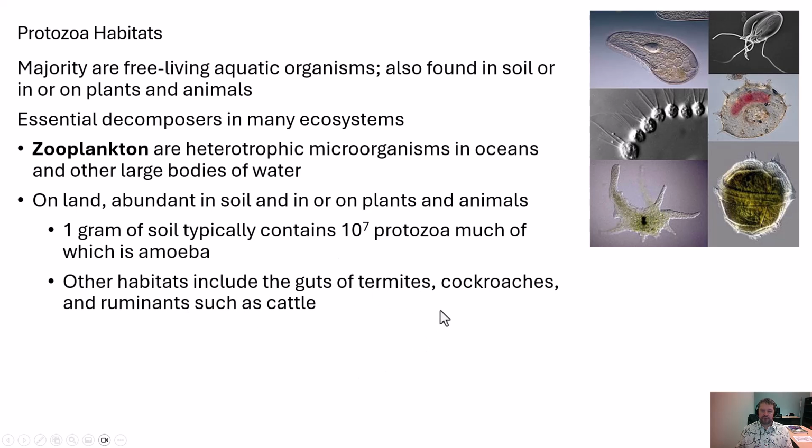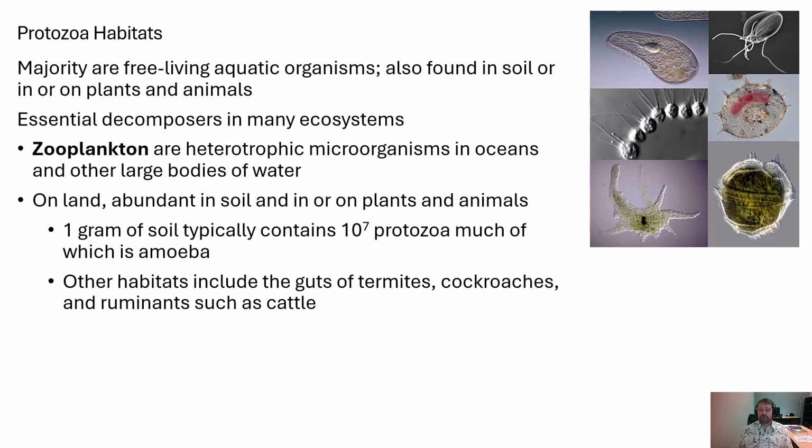Some of them occur in regions and really make a species work. Like the guts of termites have a symbiotic protozoan that lives in the gut of the termite and allows it to break down cellulose so it can eat wood.